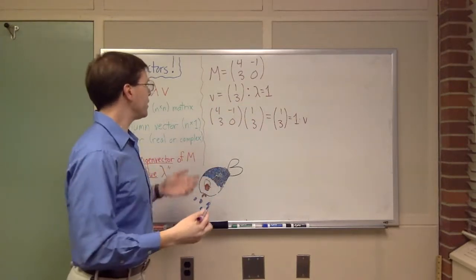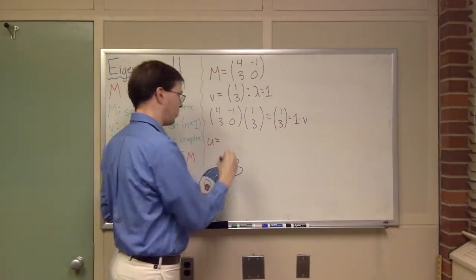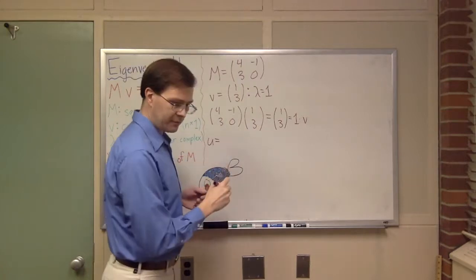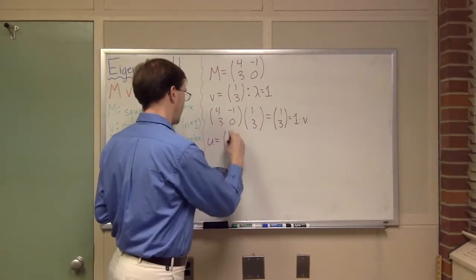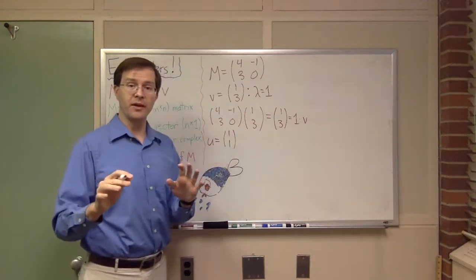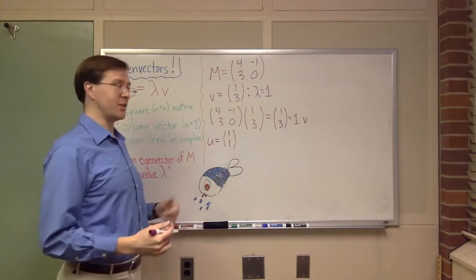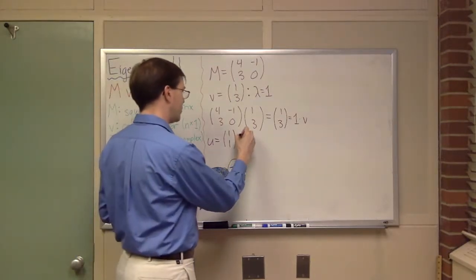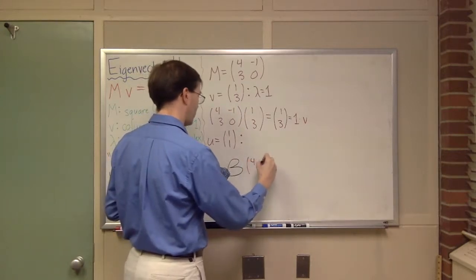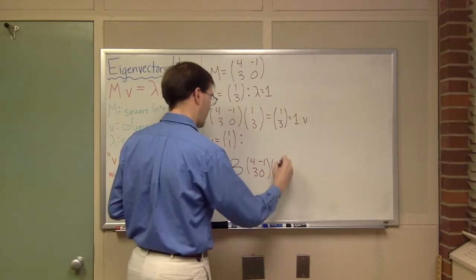Great. Okay. Another vector I could consider, let me write down u equals 1, 1 as my vector. And forgive me, by the way, my 6-year-old daughter drew this lovely fish on my board, and I'm working around it because I think it's cute. So, okay, if u is my 1, 1 vector, let me do the matrix multiplication. 4, minus 1, 3, 0 times 1, 1.